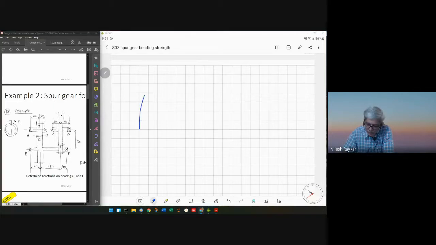So let me draw a gear tooth. This is a part of a gear tooth. We know that on this gear tooth, a tangential force and a radial force are acting.